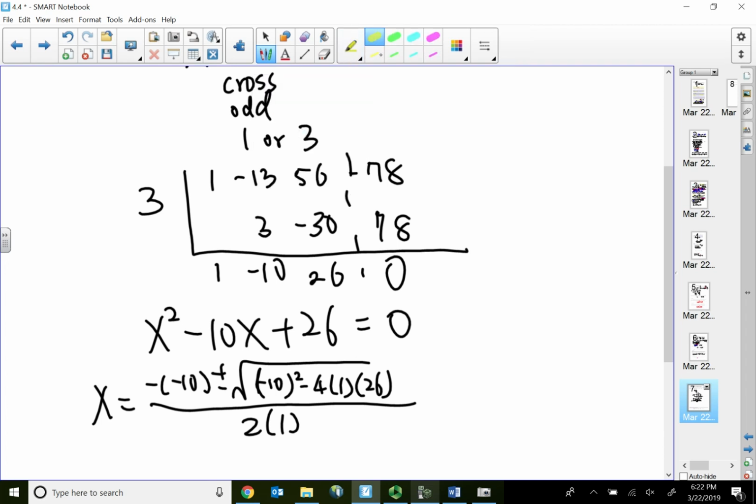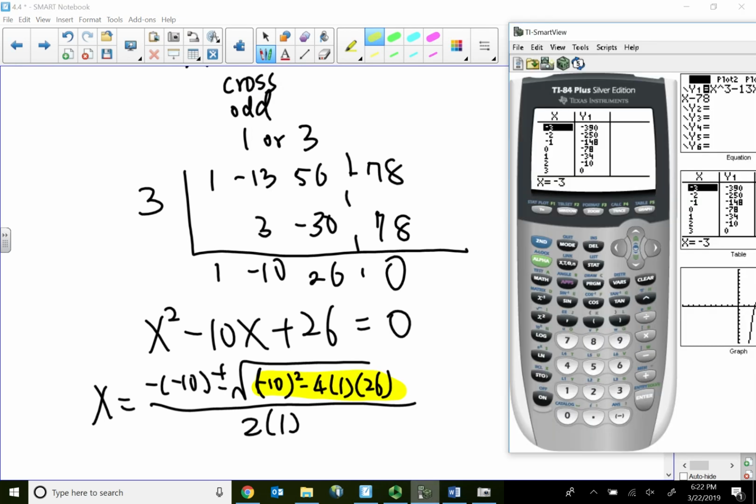When we reviewed the quadratic before, we always put what's inside the square root into the calculator and see what number comes out. That's negative 10 squared minus 4 times 1 times 26. That's negative 4.